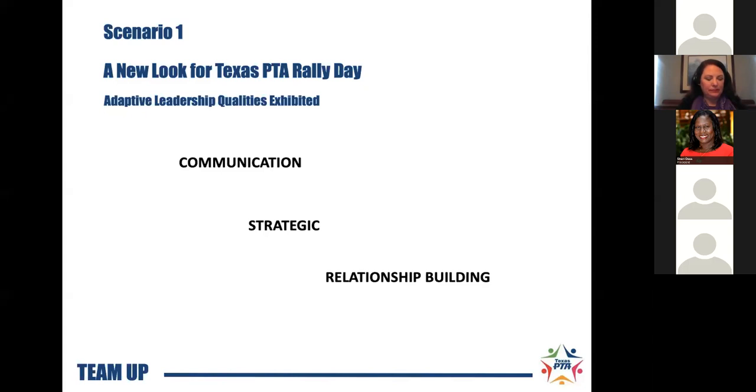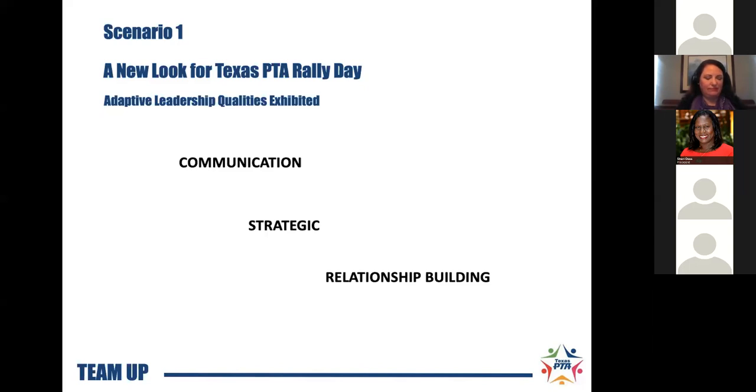We had all those trainings in session in person and also available online several times so that you could become comfortable with everything, as well as holding those conversations. So when we got to Rally Day that year, we knew that we were ready, we were confident. We had 1,000 people that represented all of the students in the state of Texas, and we were ready to fight and advocate for our kids.